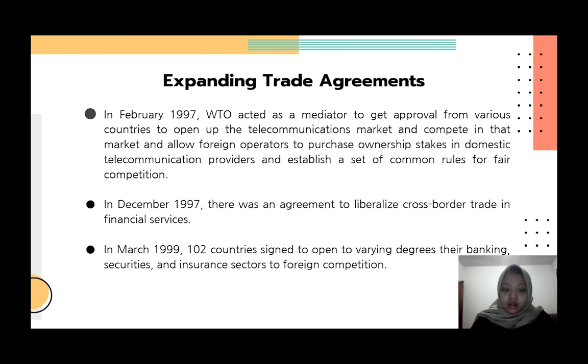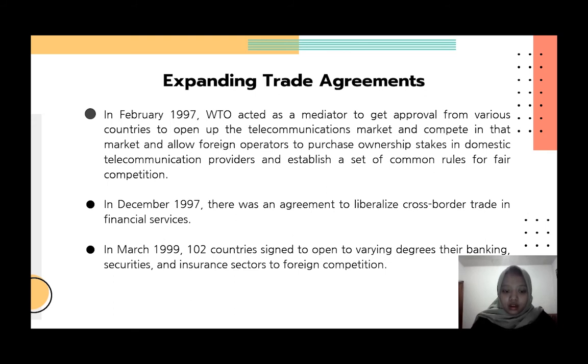In December 1997, there was an agreement to liberalize cross-border trade in financial services. This agreement deals with more than 95% of the world's financial service markets.